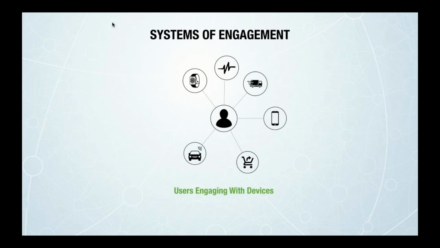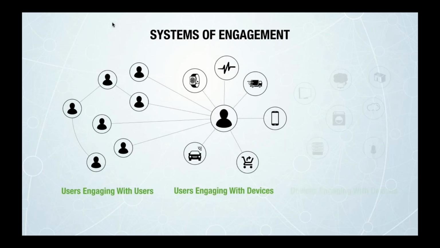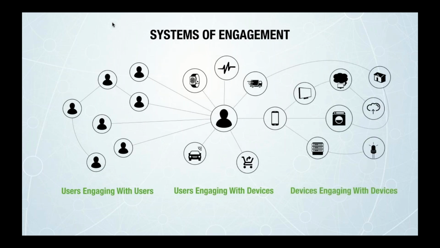We think about how those users engage with their devices, how those users engage with other users, and then how devices engage with other devices. But it's this whole very interconnected world. We're no longer living in this world where we have these data silos and we're comfortable with that. We really want to take advantage of all of the data we have in all of these different systems.